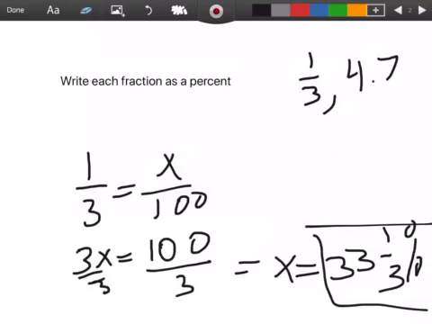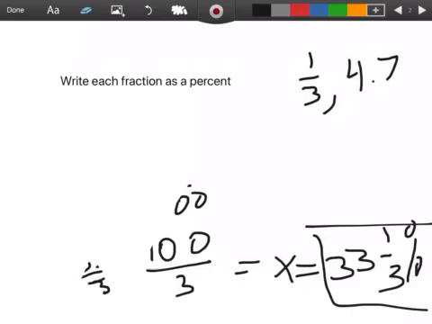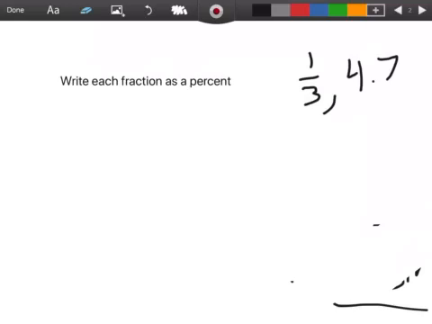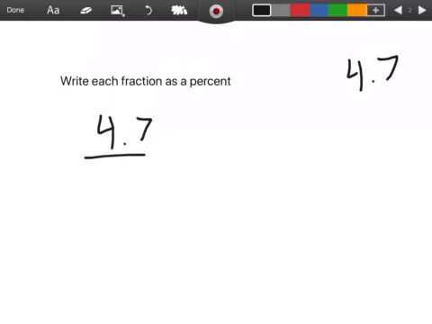Here is this. And now 4.7. So 4.7, you can do it like this now. 4.7 over 1 equals x over 100. It's basically the same thing again.